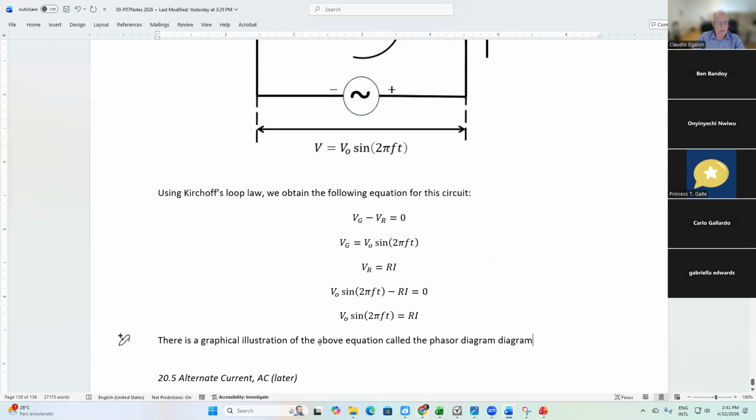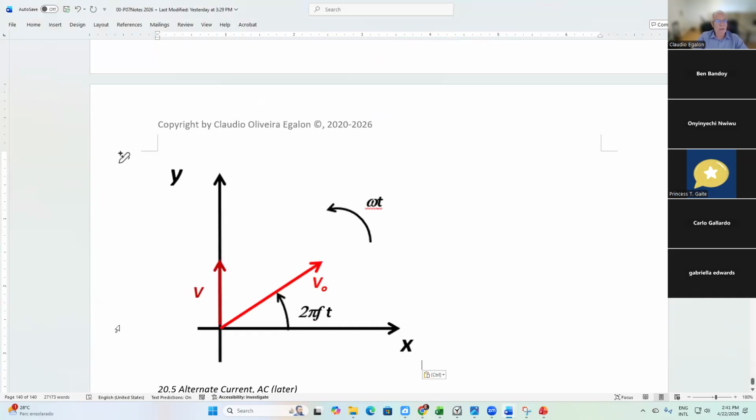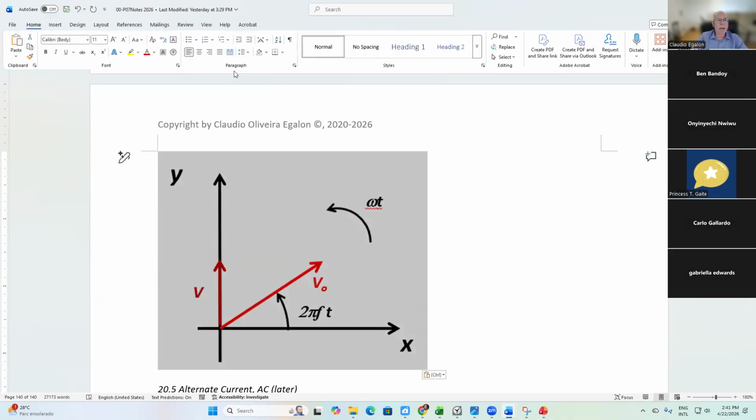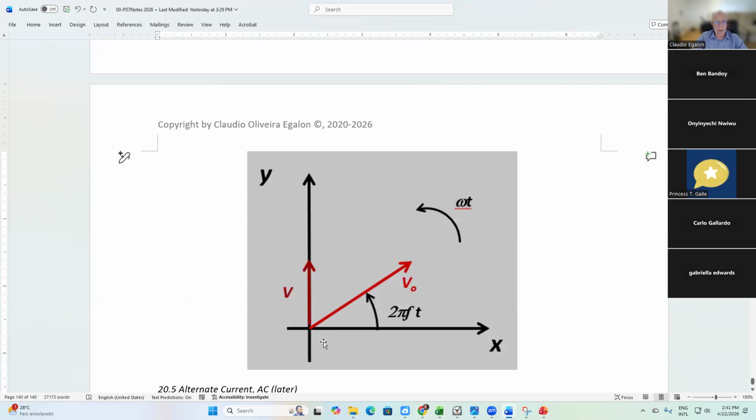And I'm going to represent, there is a graphical illustration of the above equation called the phasor diagram. For the voltage, we represent the voltage V in the following way, okay? We represent it as a vector of length V naught, peak voltage, right? Your 110 volts, for instance.